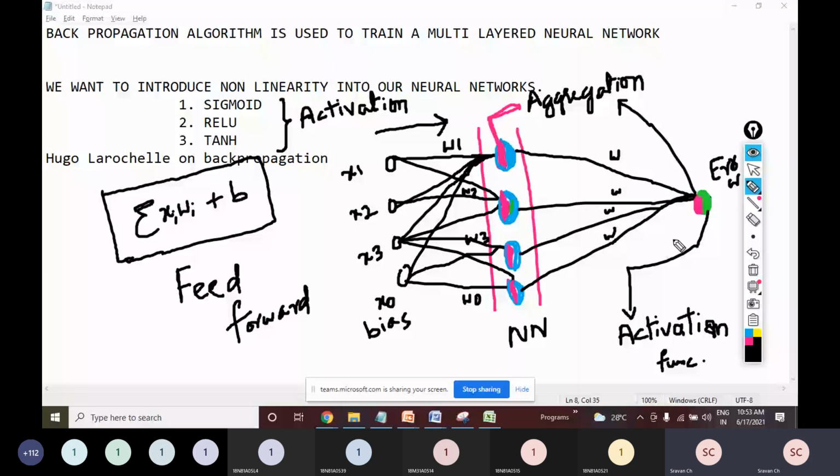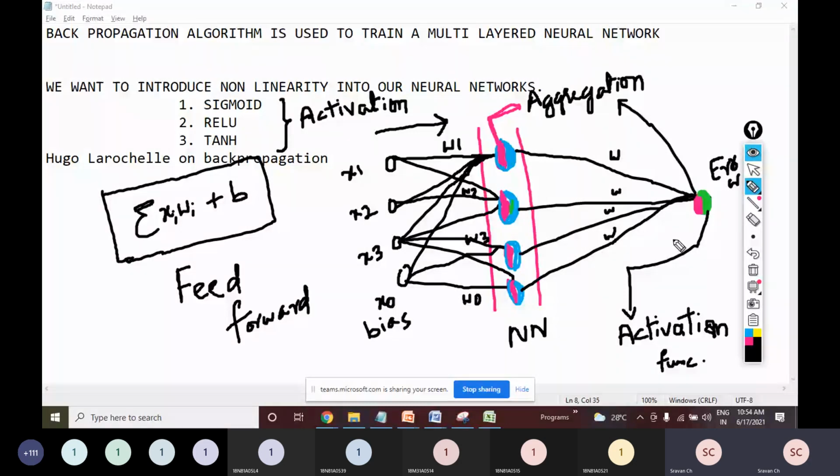Then again we will run the neural network, and we will see what is the latest error. If the error is minimized, again we will send that error back in the reverse direction, and we will update the weights again and again. This process continues till we find the error to be very minimum, or zero.